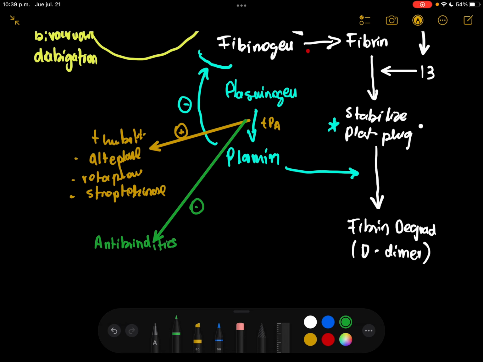Okay, and here we have aminocaproic acid and tranexamic acid.